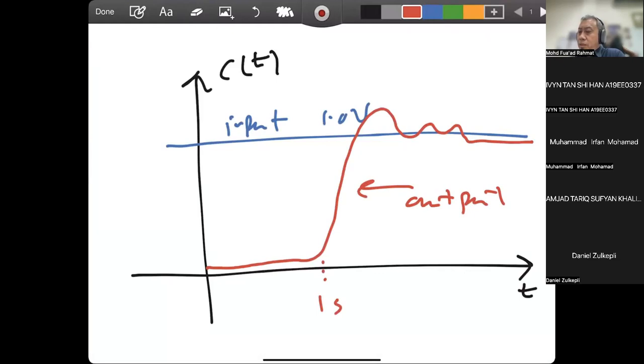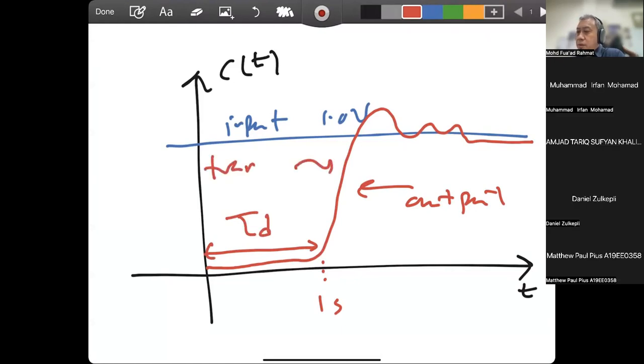Time delay is the time taken for the response to start a transient, go to the peak, then oscillate and settle at the final value.